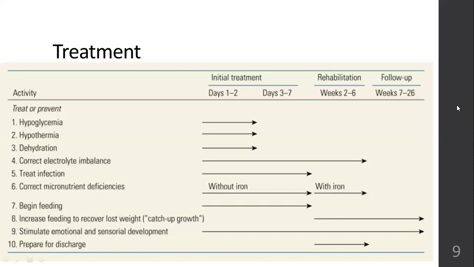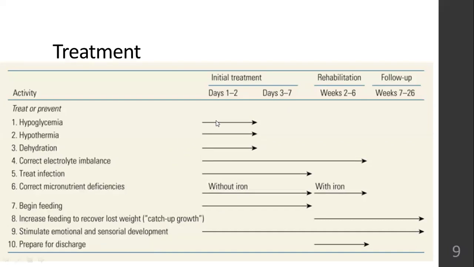So here is the table format of initial treatment, rehabilitation, and follow-up. Here you can see the first 2 days, or sometimes if the condition is very severe, the child may have to spend an entire week in ICU.